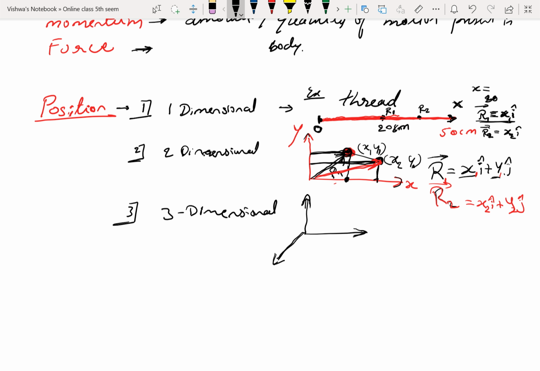So for example, here I am taking a bird or a butterfly flying in a room. Room means it is three-dimensional space. Now that we call three-dimensional motion. Now this position is represented by three variables or three-dimensional coordinates, that is x1, y1, z1.